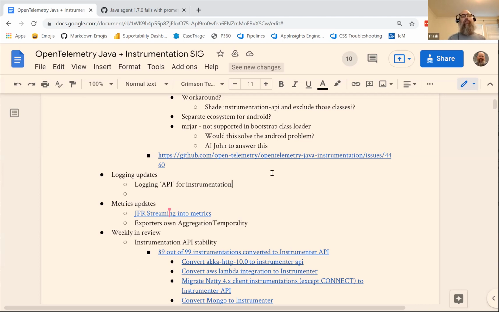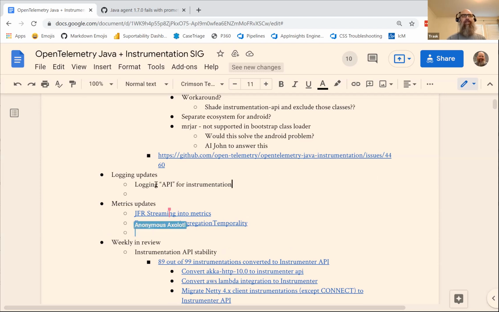And this also, from the agent perspective, helps us a lot from the bridging of manual logging API instrumentation over into the agent the same way that we bridge the tracing API and metrics API.